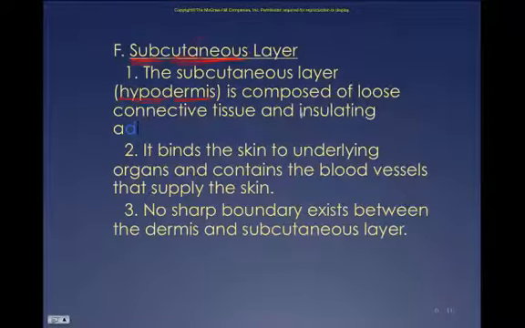And this is mostly composed of loose connective tissue and also some insulating adipose tissue. Adipose tissue is fat tissue, okay? So again, fat tissue helps to provide some insulation. So that's really the easy way to identify fat or lipid.